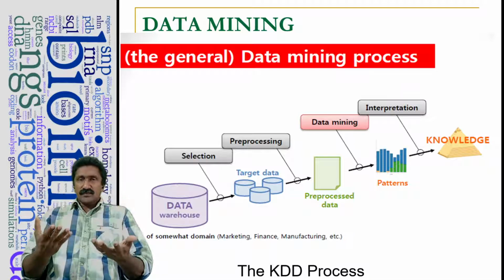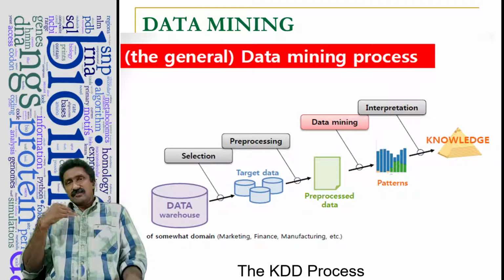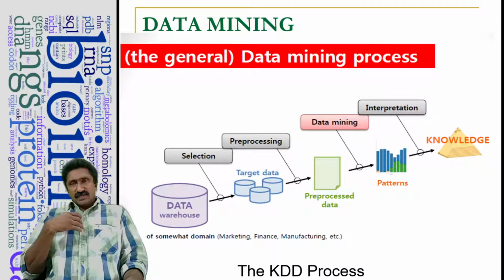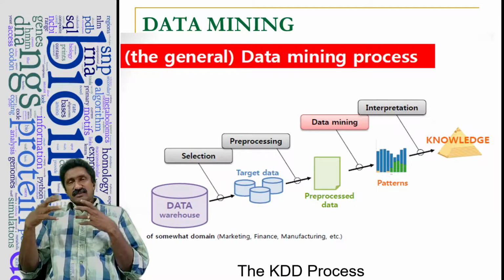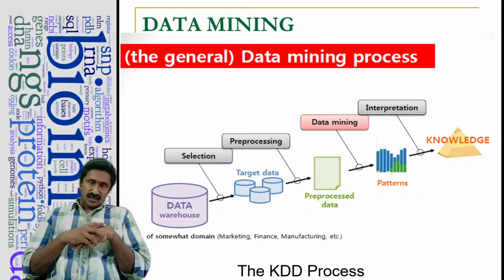Then the pre-processed data will be used for data mining so that it can generate patterns. And if you understand the patterns, you can interpret them, and that leads to knowledge discovery.